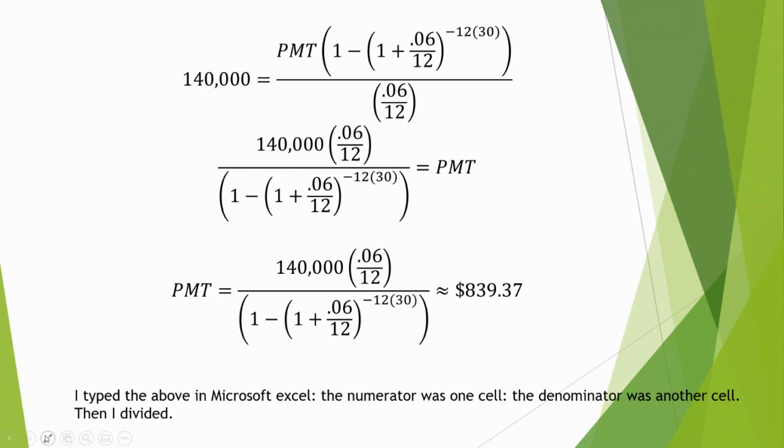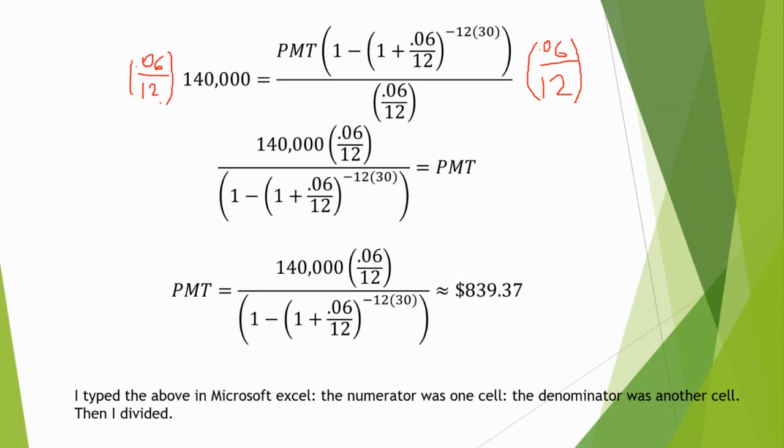So maybe this will help. I multiplied both sides first by the denominator here. That's what I'm trying to show you, although I might be showing more than necessary, but I guess that's okay.